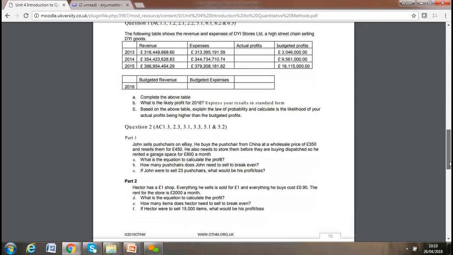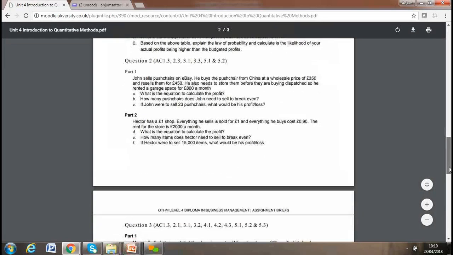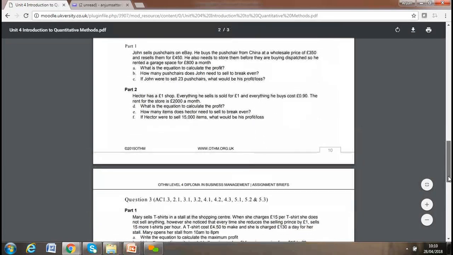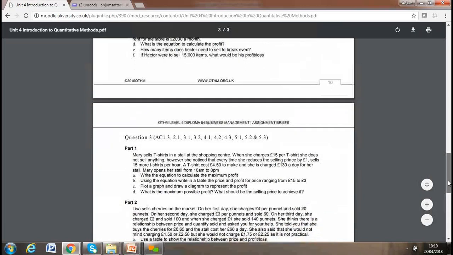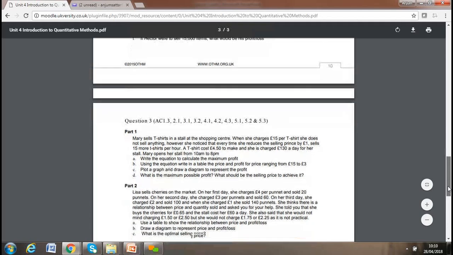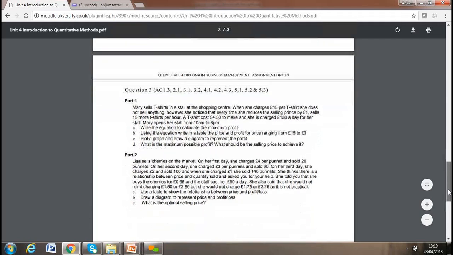Okay, and if we look at part 2 as well, that's all about again break even. Question 3 part 1 is all about again maximizing profit, price changing and things. So that's all your assignment.